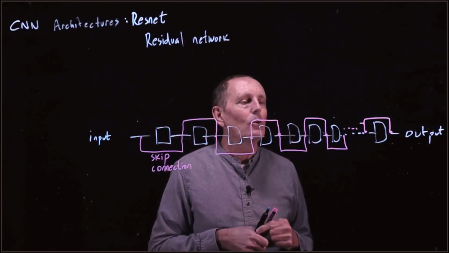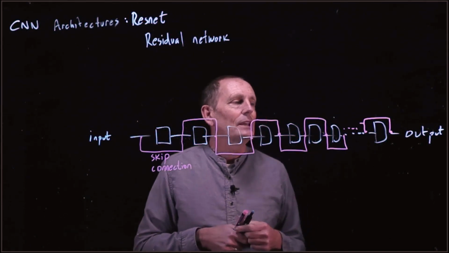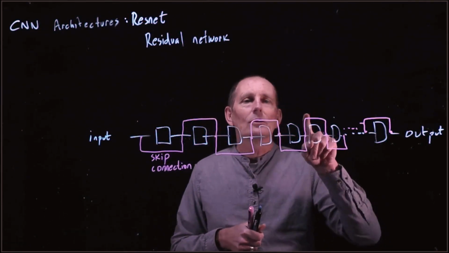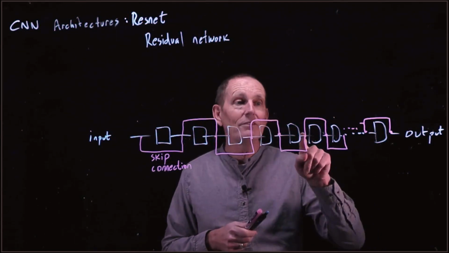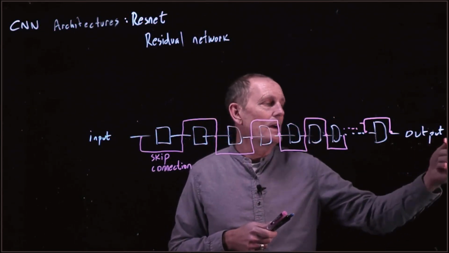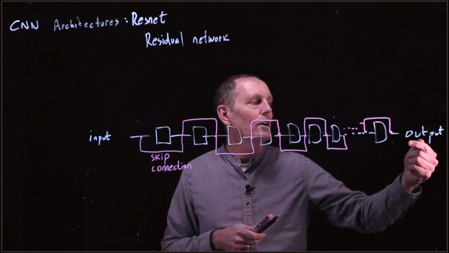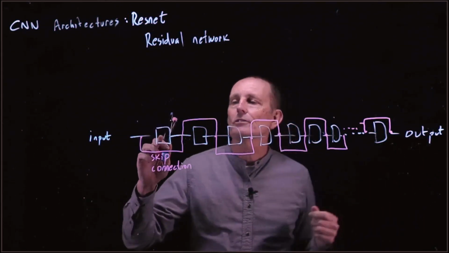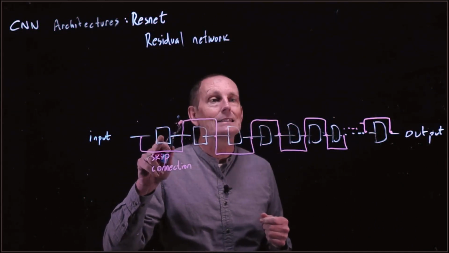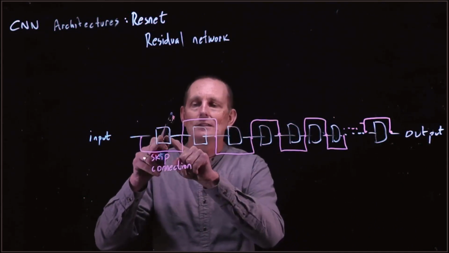But for now, what I want you to know is, in this skipping, we're going to ensure that the derivative of the skipping is going to be 1. So that means when we are trying to push back a gradient, if we want to go to this first layer, there are lots and lots of different paths we can take.